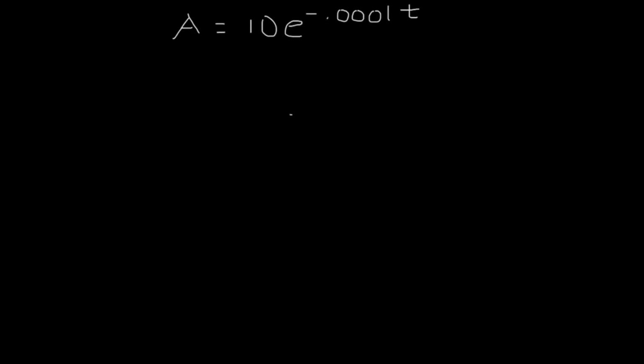Let's solve the following problem. And this actually comes from a word problem. And I'll read the word problem, although I'm not going to write it out. It says the number of grams of a radioactive substance that is present in an old piece of cloth after T years is given by the formula A is equal to 10 times E raised to the negative 0.0001 T, where E is the irrational number and T stands for time in years.